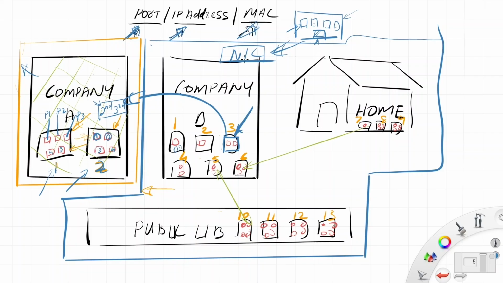So what is the summary of this discussion? Port number is the number of the program and IP address is the address of a computer, and MAC address is a permanent number of the network interface card. IP address changes for a system, while MAC address doesn't change.